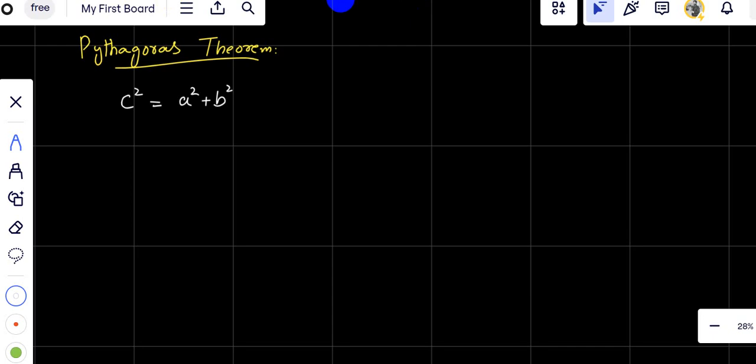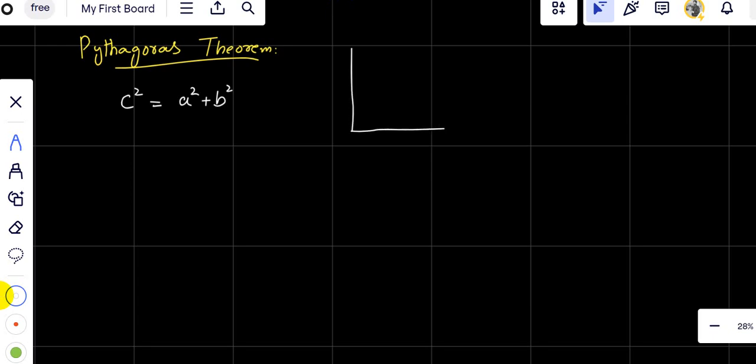So, what are right angled triangles? Do you have any idea? Yeah, great. Right triangles are the triangles having 90-degree angles. Let's say I'm going to draw a triangle here.